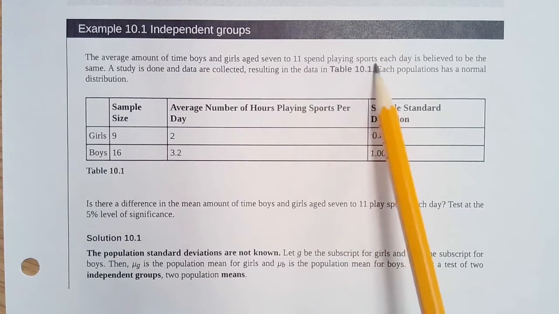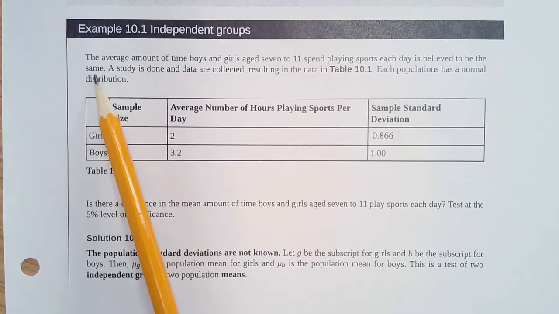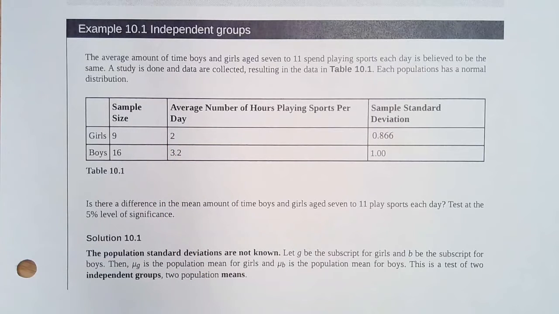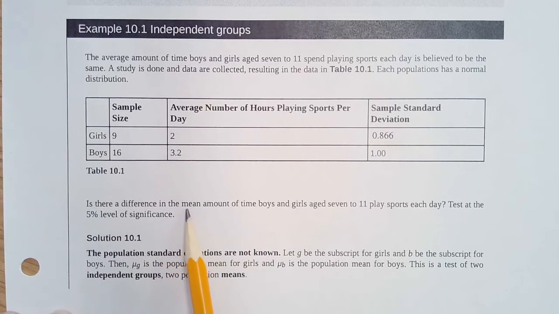We have the study, we've collected the data, and we're going to compare these two groups, the mean times of boys and girls aged 7 to 11 playing sports each day. We're going to test this with a 5% level of significance.